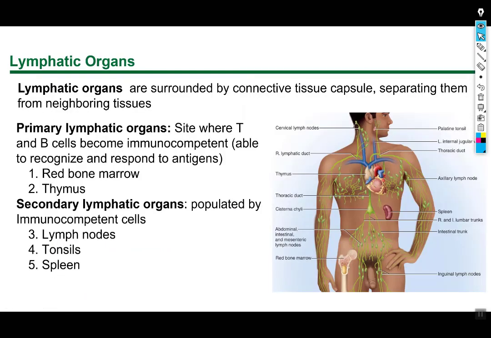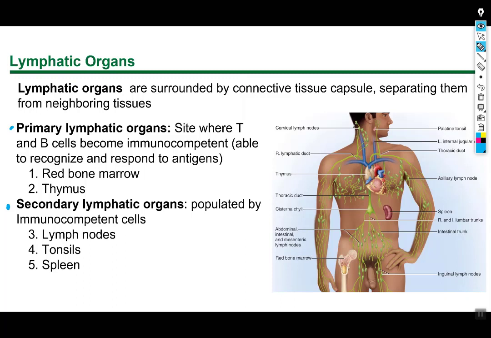So as I mentioned previously, lymphatic organs have their own connective tissue capsules. So dense irregular connective tissue, as is typical of connective tissue capsules, and this helps to isolate them from neighboring tissues. So of the organs we've got primary and secondary. The difference in these is just the site where they learn to be immunocompetent.